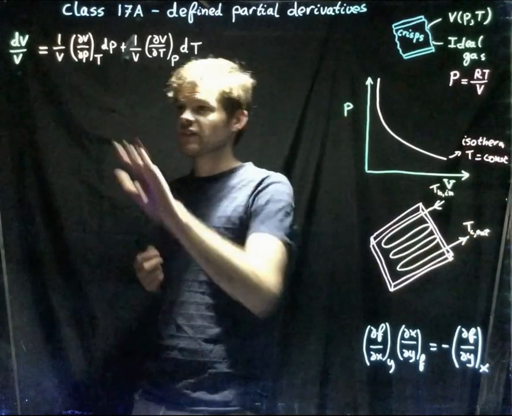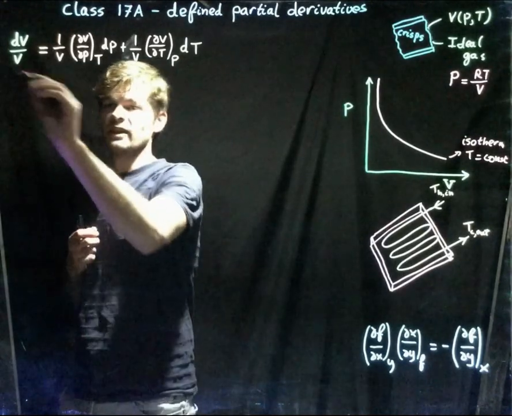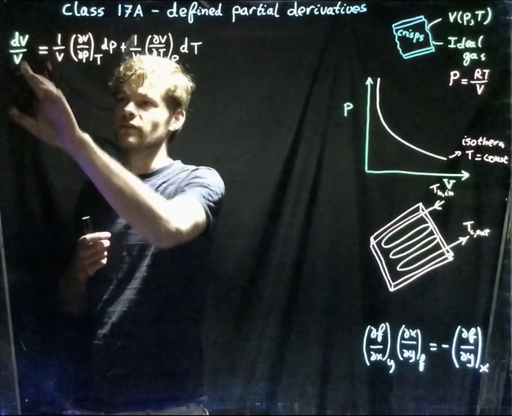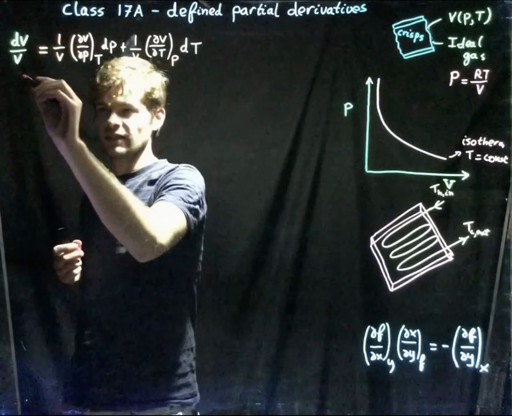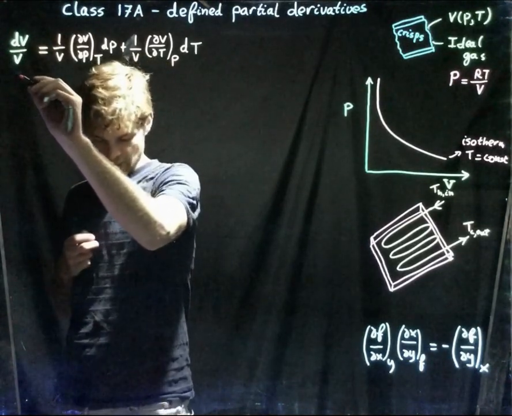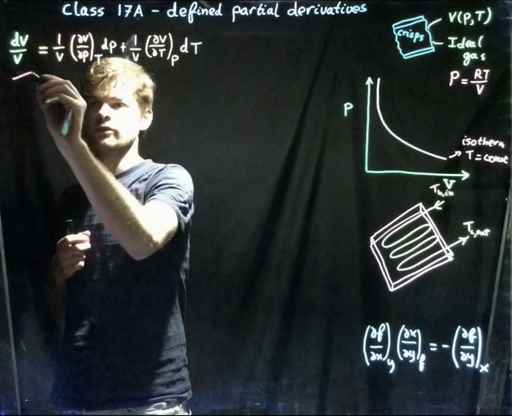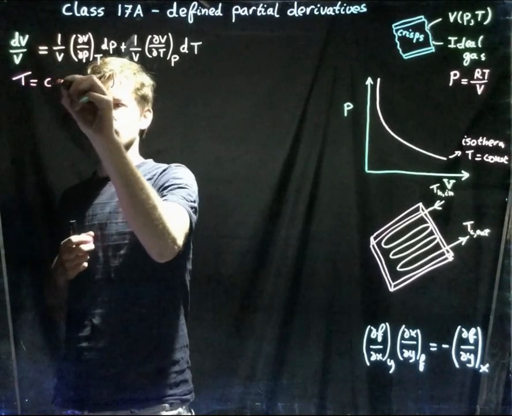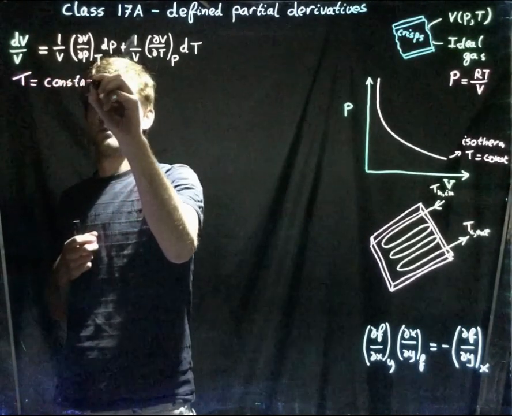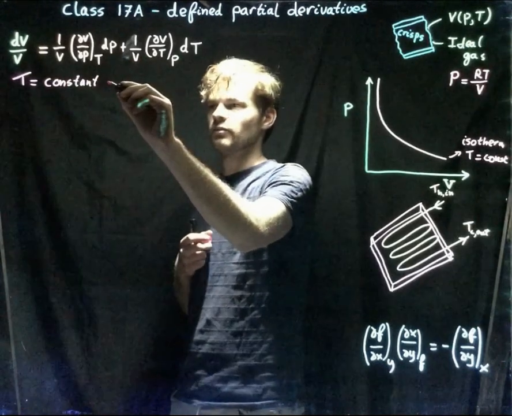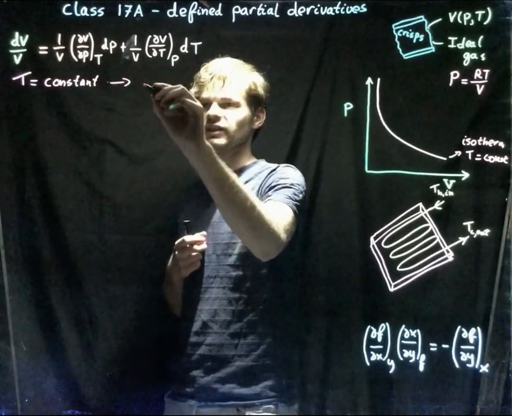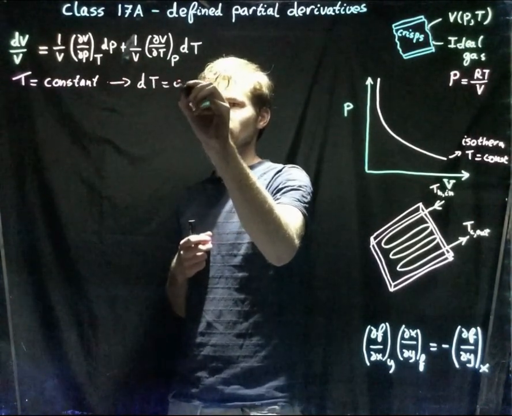Okay, and that's exactly what I'm going to do. I'm going to calculate this partial derivative, assuming that the temperature is constant. So T is constant, and from that I know that dT will be 0.